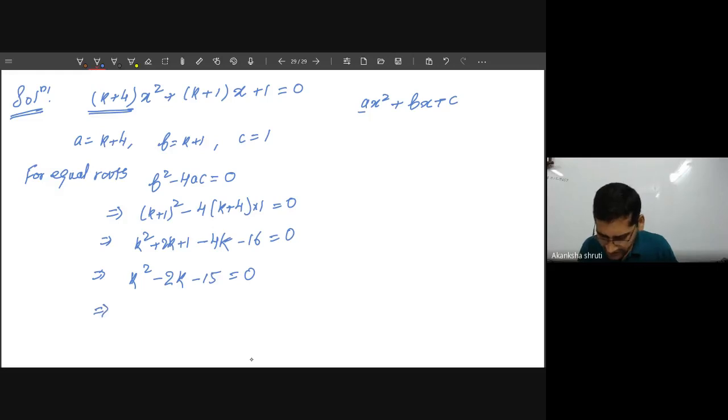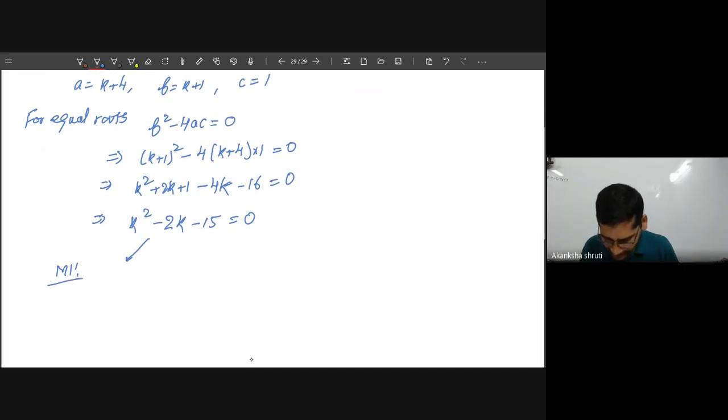This implies, go for factorization. Five threes are 15. You may go by the factorization method or by the quadratic formula method. Method 1 that you may follow: I can write this as k² − 5k + 3k − 15 = 0.